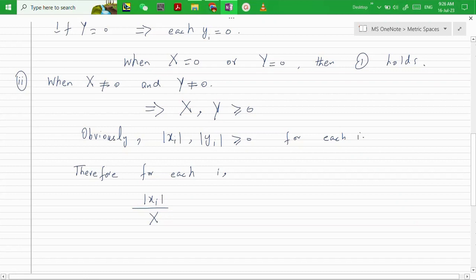I change the indices here: instead of i I would write k, for each k where k is from 1 to n.